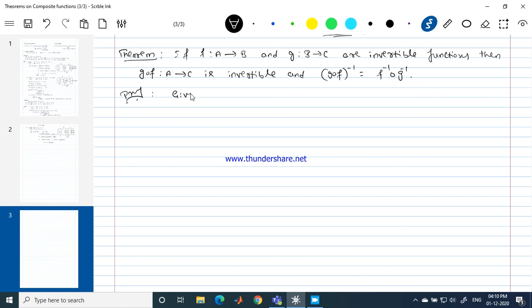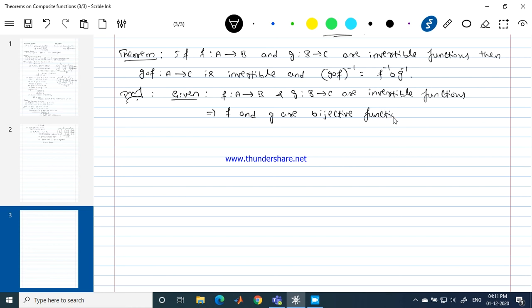Given F from A to B and G from B to C are invertible functions. Okay, so this proves F and G are bijective functions, because we know that invertible functions are bijective functions.